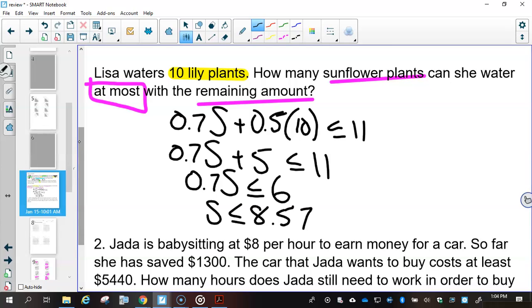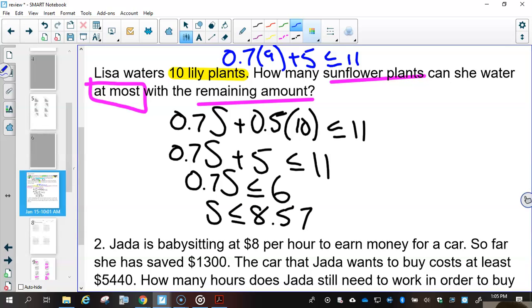So let's talk about that. If we can have at most 11, if we put in 9, do you think we're going to go over 11 or under 11? Let's try it. Put 9 in for S. 0.7 times 9 plus 5.